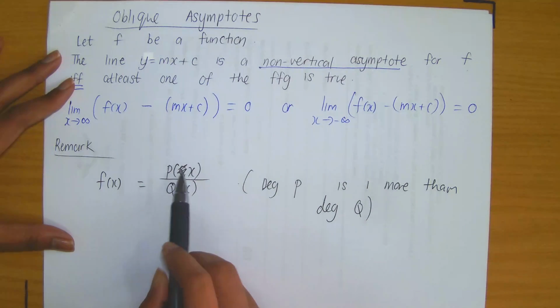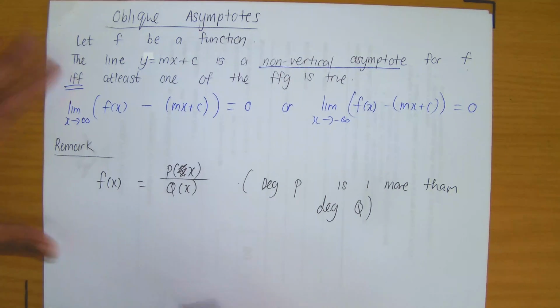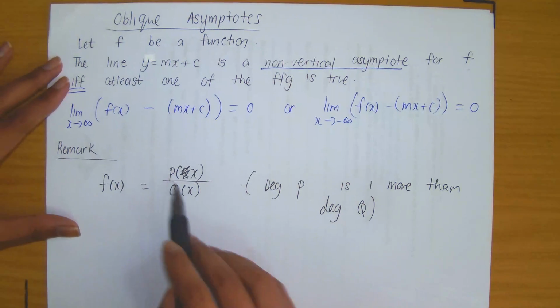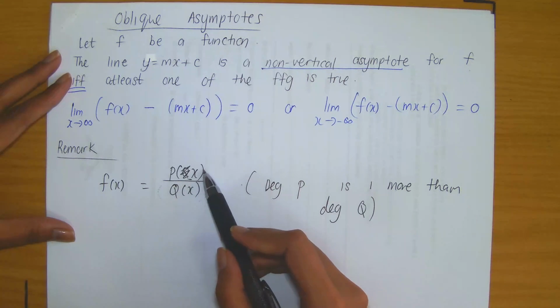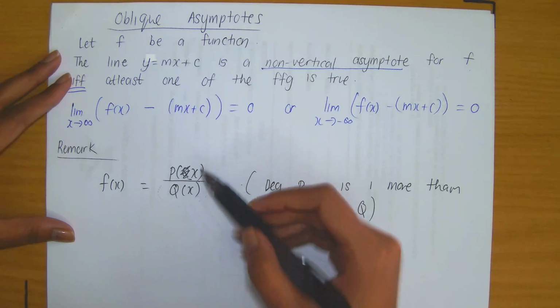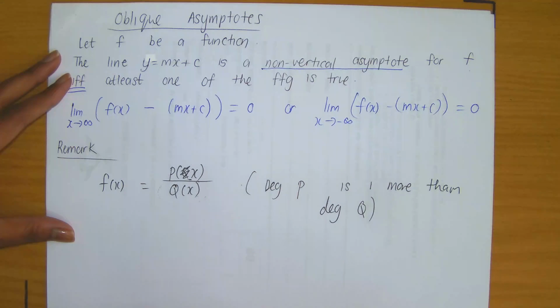So for example, maybe the degree of the polynomial p was 3 and the degree of the polynomial q was 2. So there was an x cubed in there, and at the bottom there was an x squared. Then because there is a higher degree in the numerator than the denominator, I can now divide these two polynomials.